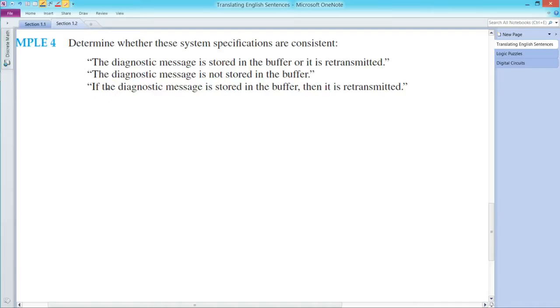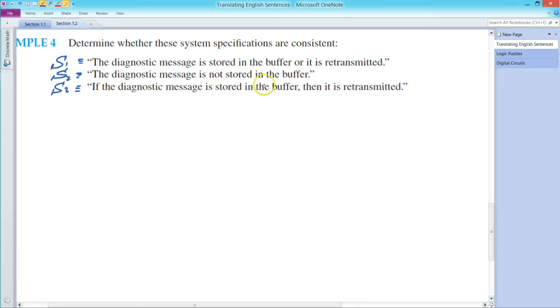So I'm going to represent the first statement with the capital letter S1, the second statement with capital letter S2, and the third statement with capital letter S3. So we have three different statements, or you can say system requirements. Let's see how we can write them in mathematical form. First of all, let's identify the small components.